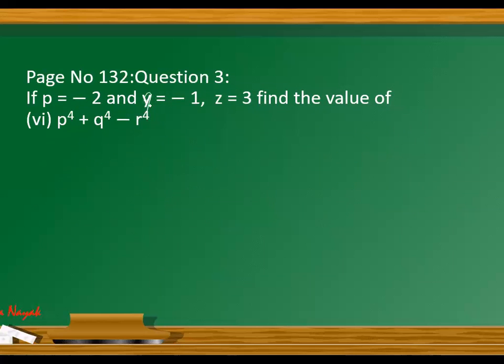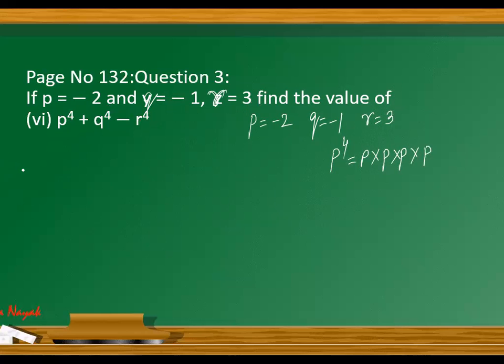Next, same question. P is equal to minus 2, Q is minus 1, R is equal to 3. You have to get P power 4 plus Q power 4 minus R power 4. So what is the meaning of power 4? P multiplies how many times? 4 times.